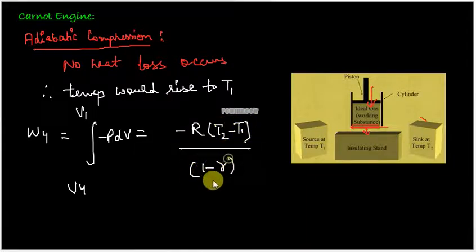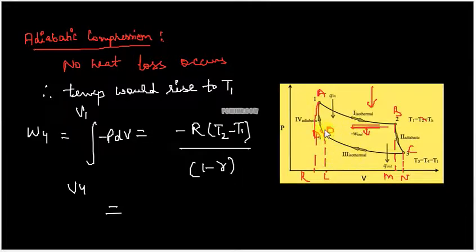And if we want to look at it in terms of the area under the curve, it's going to be the area under the curve DAKLD, that means this area. So we'll write it as negative of area DAKLD. So we have also expressed all the work done in terms of the area under the curve.